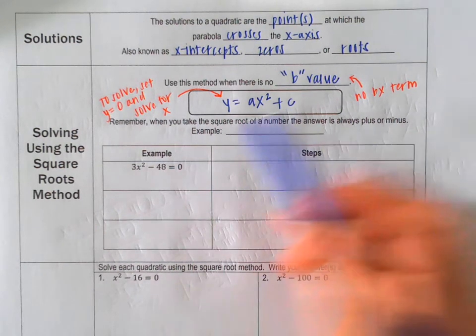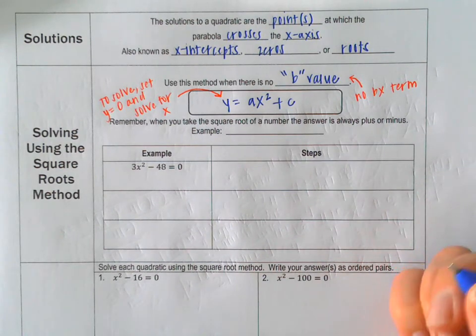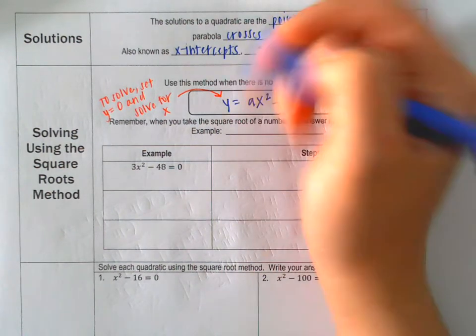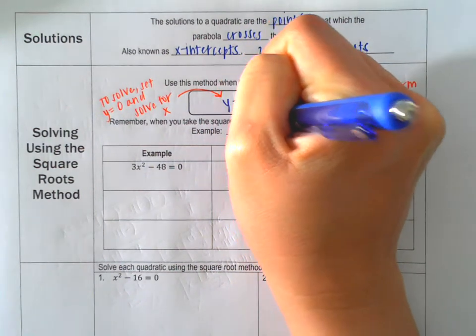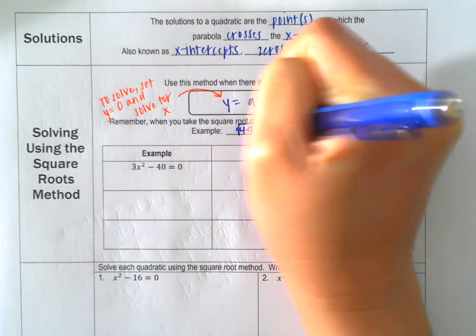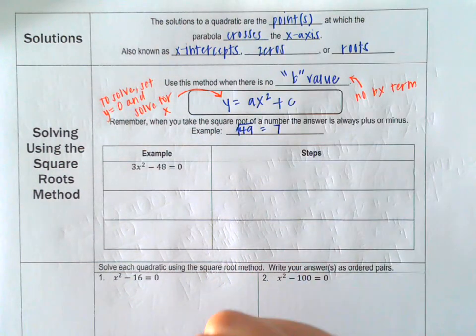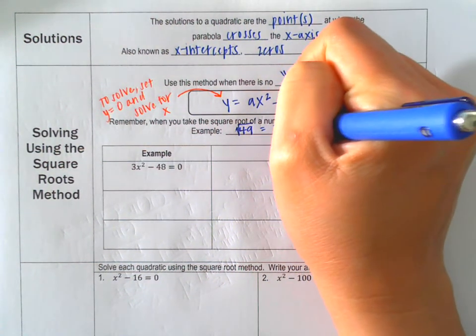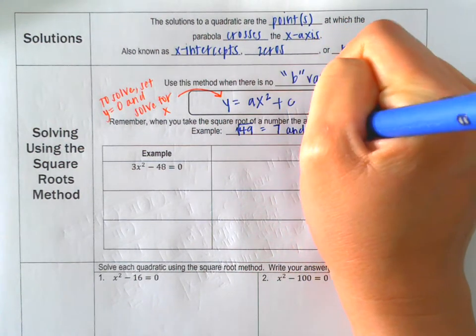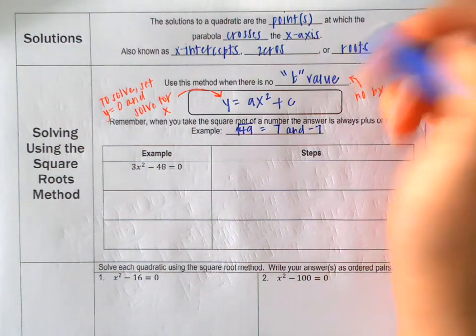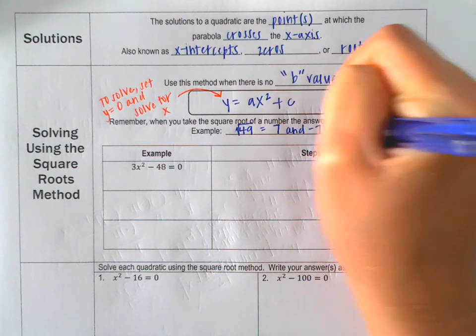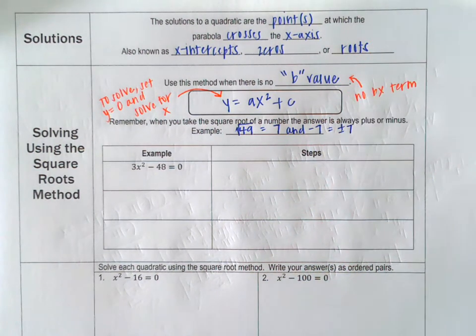And then remember, when you take the square root of a number, the answer is always plus or minus. What I mean by that is if we say, what's the square root of 49? Well, it can be 7, what we know. And it can also be, when we're solving, -7. Often you'll see me write it as plus or minus 7.